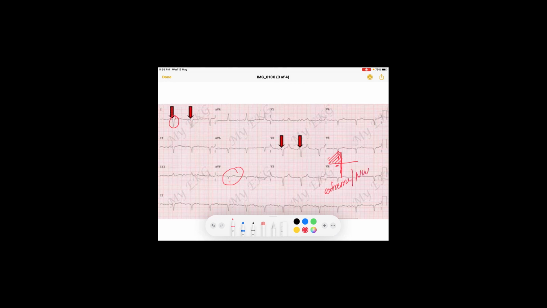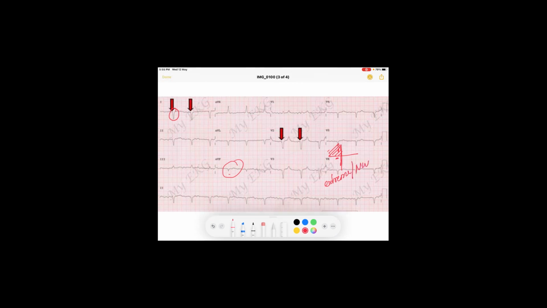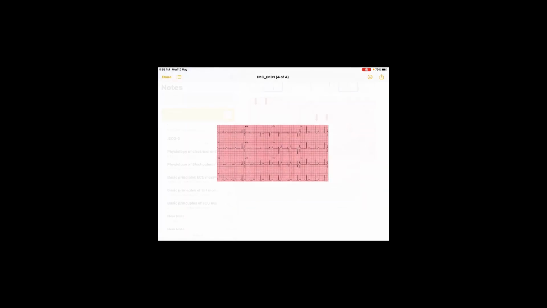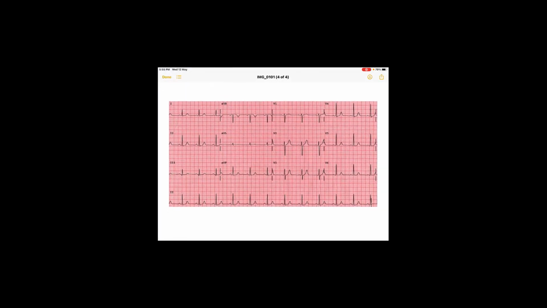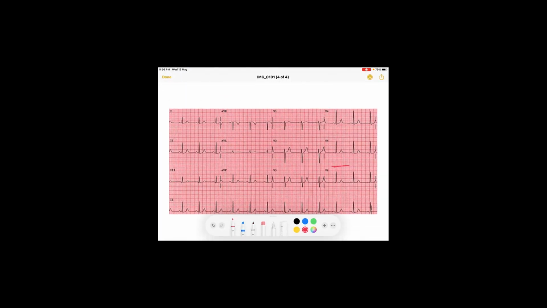Then coming to another, lead 1 is positive, somewhere here. Then AVF is positive, so here, in this quadrant, so normal axis. This ECG is of normal axis.